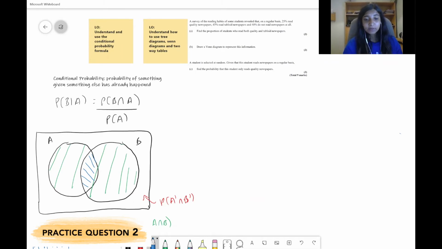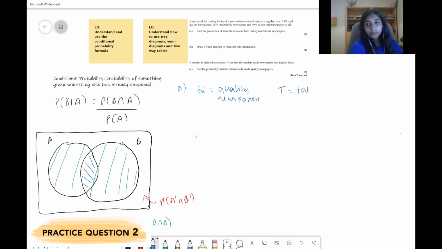So the first thing we want to do is just label everything. So we can have the probability of Q, so let's label Q as quality newspapers, and we can have T as the tabloid ones.